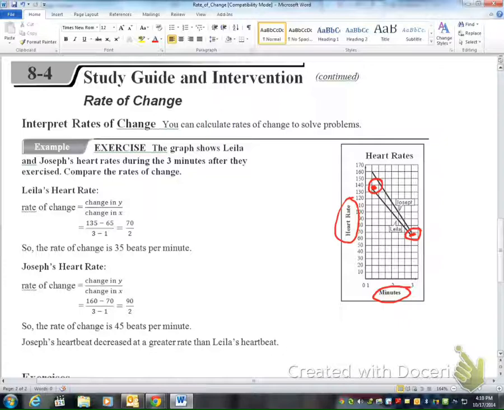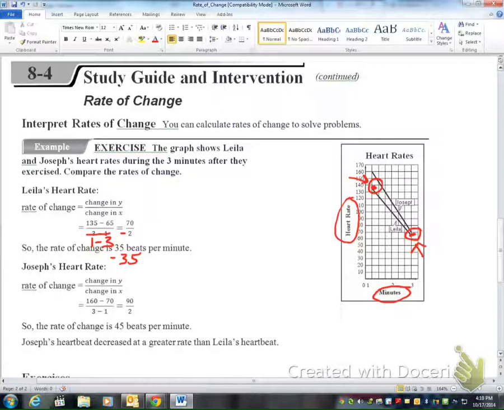So the reason it'd be going down is because if we're looking at her heart rate comparing this first value right here, the 135 minus this one, the 65, then this first one is at 1 minute and the second one is at 3 minutes. So we would have not 3 minus 1 like they have, but I would have 1 minus 3, which would give us negative 2. So the rate of change would be negative 35 beats per minute.